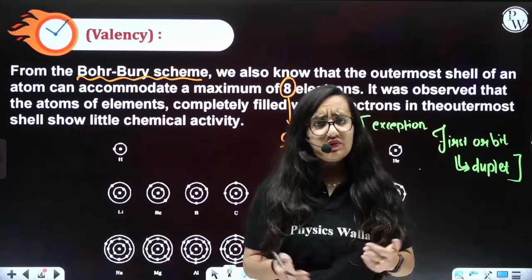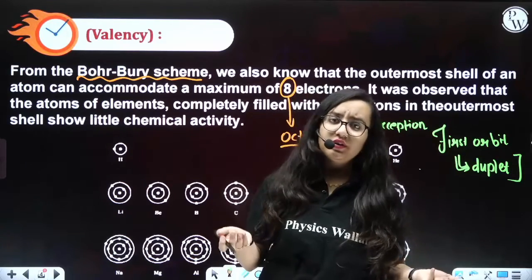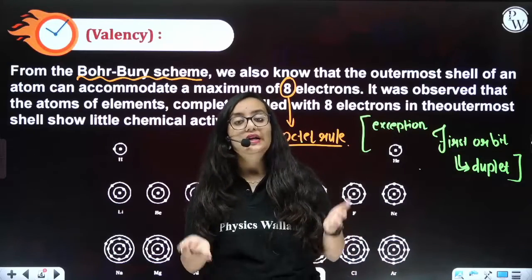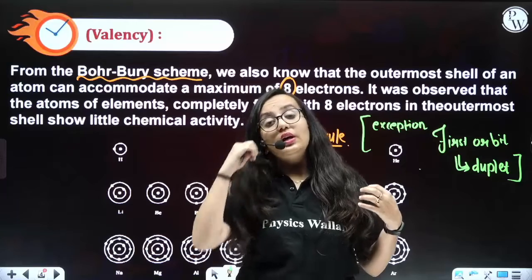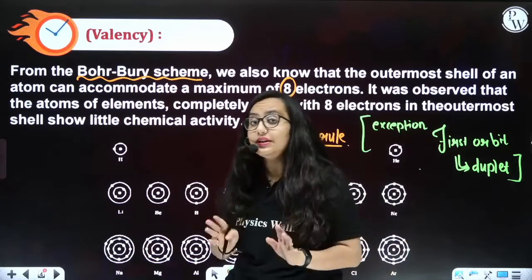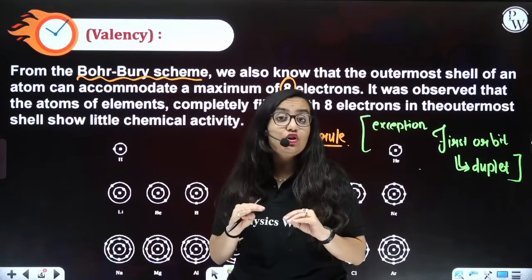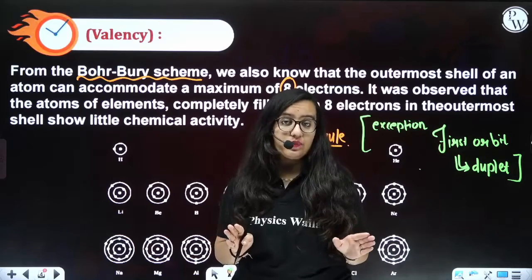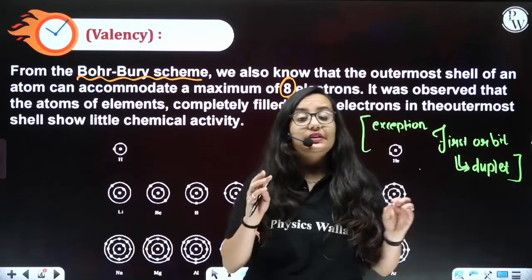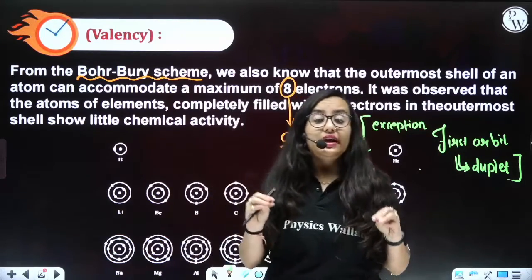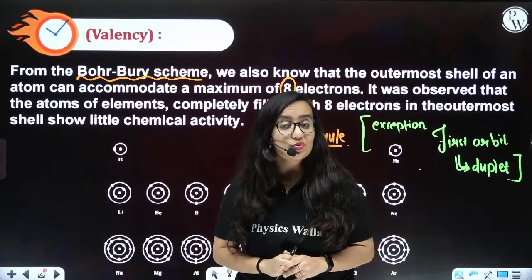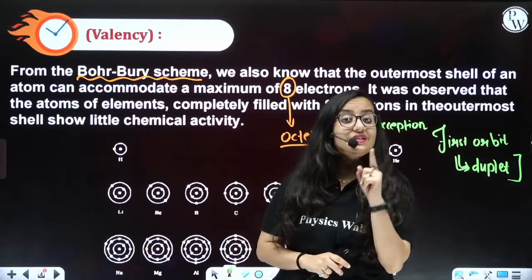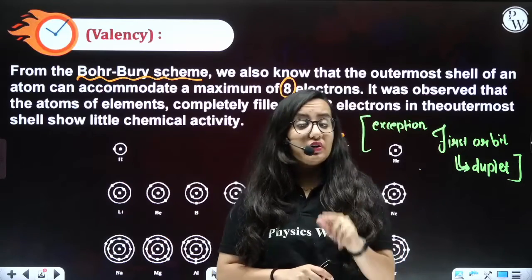They are all very stable gases, and thus non-reactive in nature. They do not react, and they are known as noble or inert gases. Why so? Because the reason lies in the octet rule.